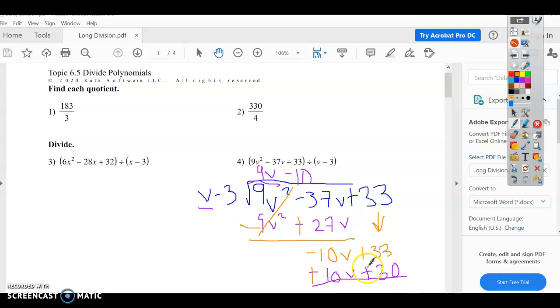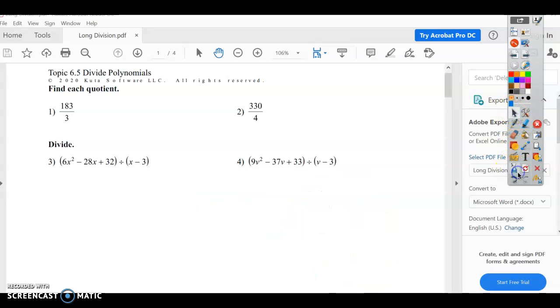Negative to positive, and this is positive, now it's going to be a negative. Negative 10v plus 10v, that's 0. 33 minus 30 is 3. So my final answer is 9v minus 10, remainder is 3. And that's my final answer. Okay. Go ahead and try some of the other ones on your own.